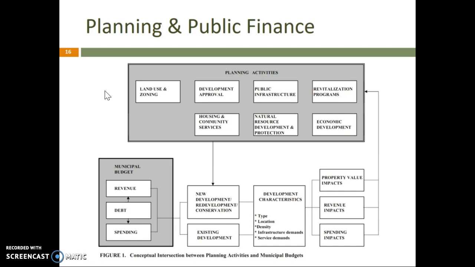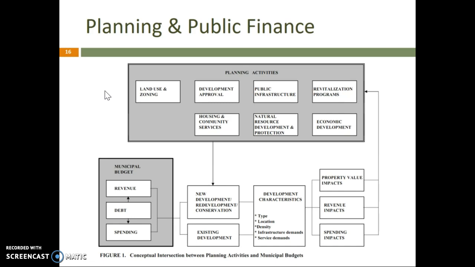It's possibly pretty straightforward for most of you to see that any policy or program you might think of is necessarily going to have impacts in terms of money. You need money to actually implement a lot of different programs.